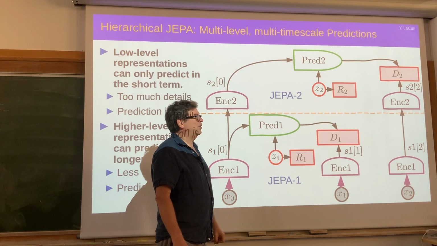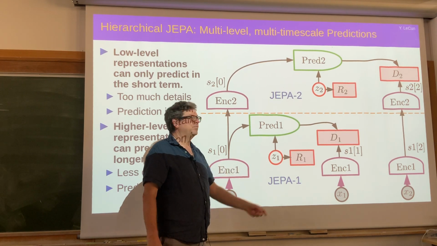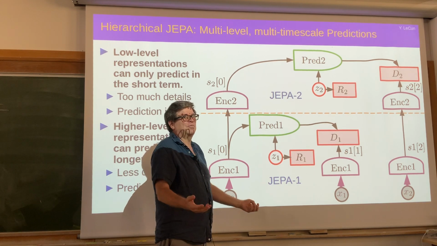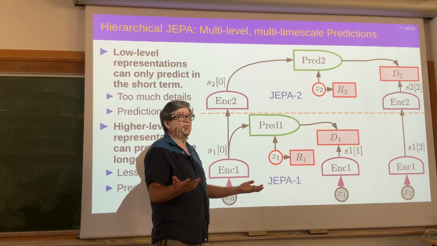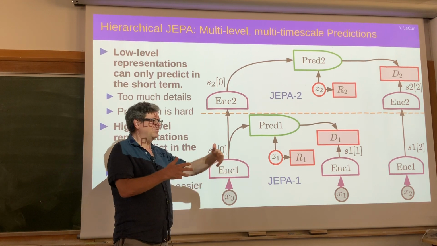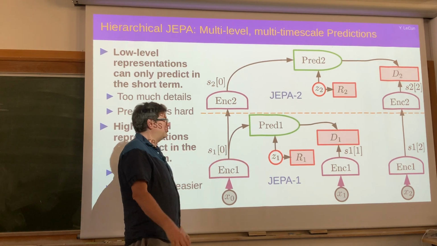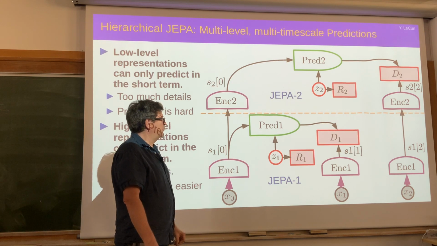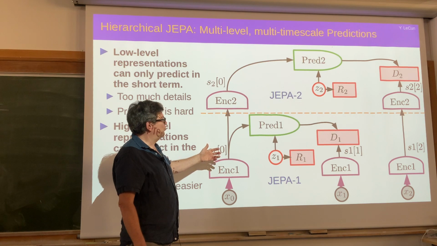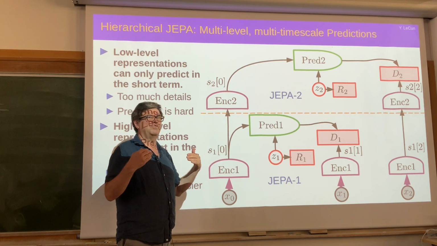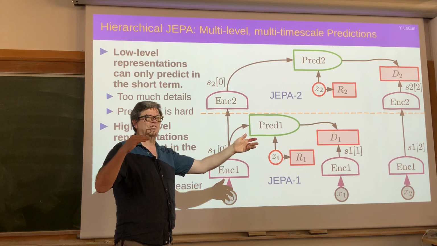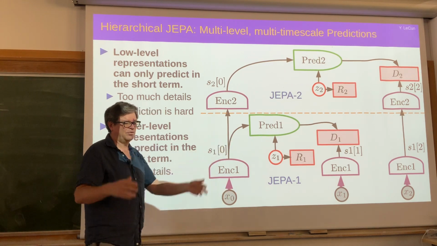If I want to walk from here to the village, I can tell you it's going to take me about 40 minutes, but I can't tell you the details of exactly what path I'm going to follow, because that will depend on obstacles on the way, which I don't have information about. So if you want to do long-term prediction, you have to figure out what information you can ignore so that your long-term prediction is still useful and accurate.